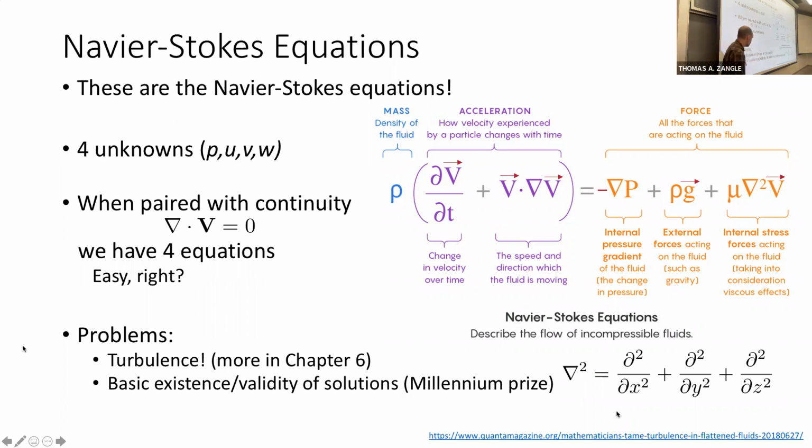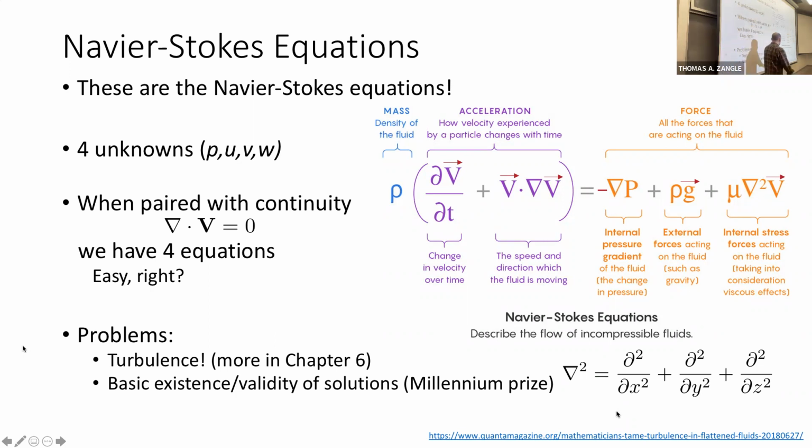But there's also a general mathematical problem, which is that we cannot say with mathematical certainty that solutions to the Navier-Stokes equations always even exist. So not only can we not necessarily find them because of turbulence, but we don't know that a solution always exists.